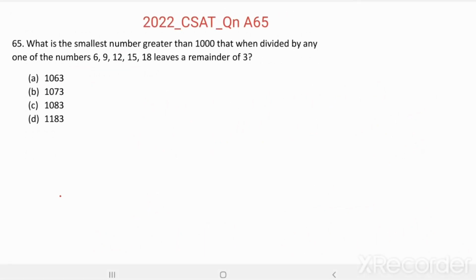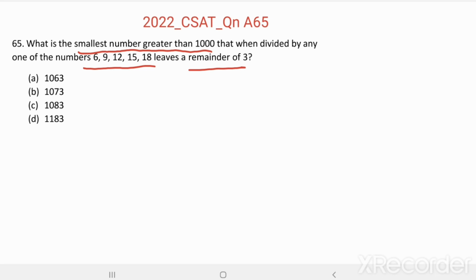Question number 65. What is the smallest number greater than 1000 that when divided by any one of the numbers 6, 9, 12, 15, 18 leaves a remainder of 3? Here we want to find the smallest number greater than 1000 which gives a remainder 3 while dividing with any one of these numbers. This question we can do easily by eliminating options.